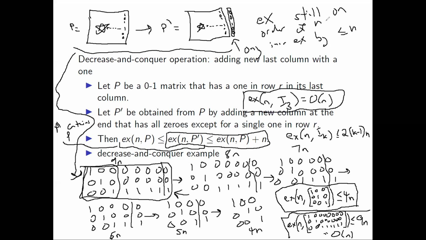So if you have a very complicated pattern, sometimes you can use these operations to reduce it to a much simpler pattern where you might already know a bound on the extremal function for that simpler one. And then you can show that the more complicated one has a bound on the same order as the bound for the simpler one, assuming that the bound that you have on the simpler one is an upper bound.